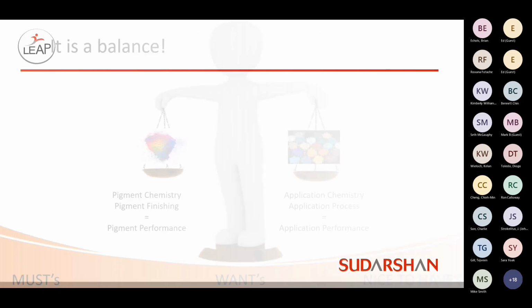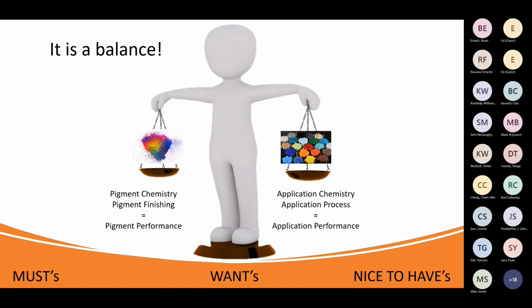So these are always going to be a balance, and every webinar I seem to use this particular chart because it's a very important chart to understand and to consider when selecting a pigment for your application. You're always going to need to balance your pigment chemistry and finishing, which gives you the ultimate performance with your application.